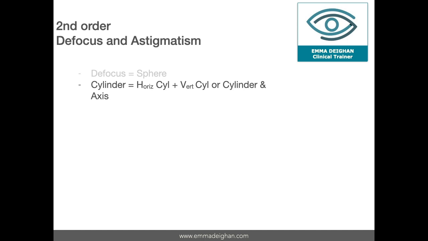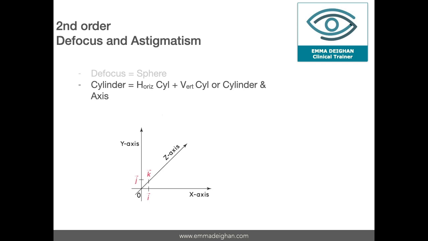If you think back to college when you learnt about combining cylinders using a Stokes construction, here you can see that you've got a cylinder on the y-axis with an amount and an x-axis with an amount. Or you can do like we do in refraction, where we give a vector at an angle, so an amount and an angle.